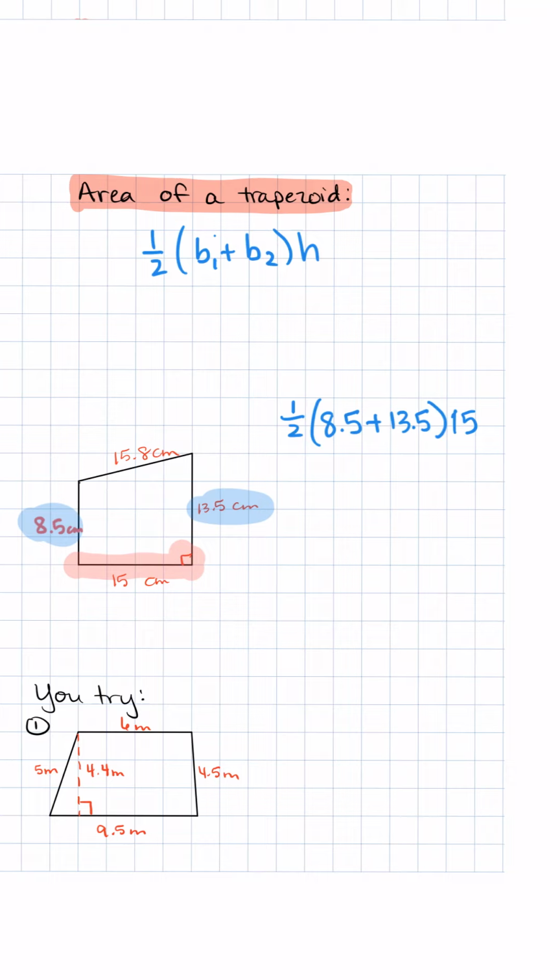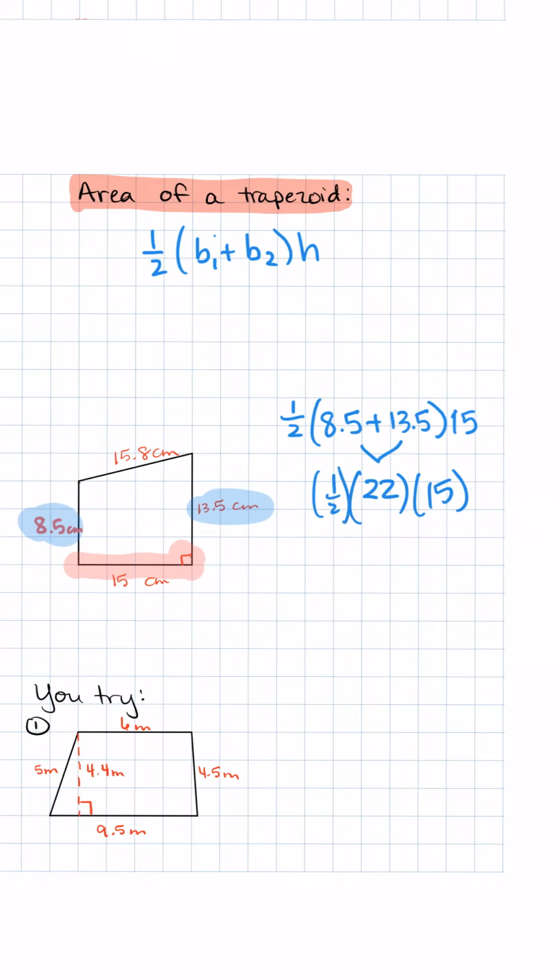Okay, so if we add these two together, we get 22. We're multiplying it by 15 and dividing by 2.